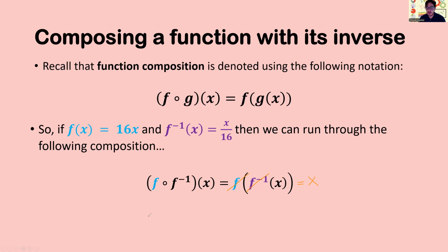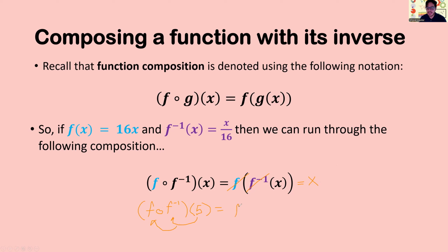So if I had f composed with f inverse of, let's say I plugged in a 5 into that function, I don't have to plug 5 into the inverse function and then take whatever that is and plug it into the original function. Not at all.